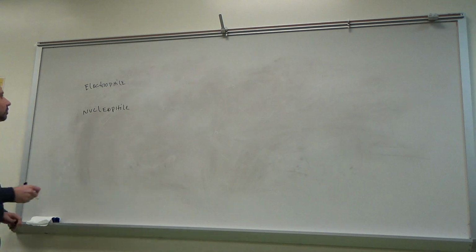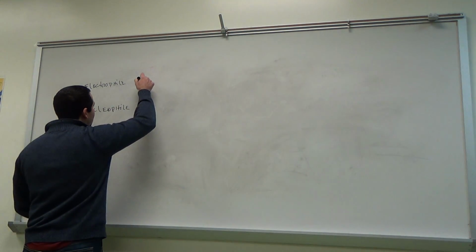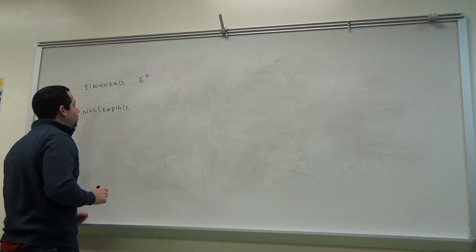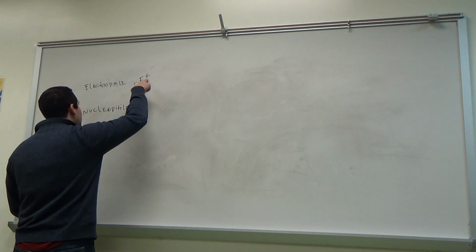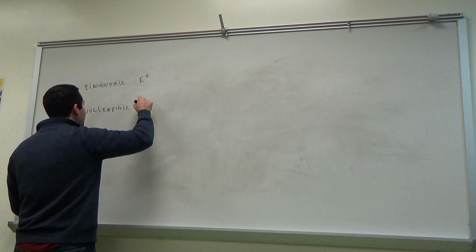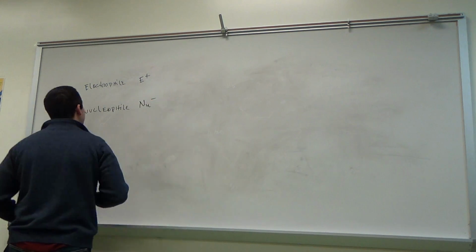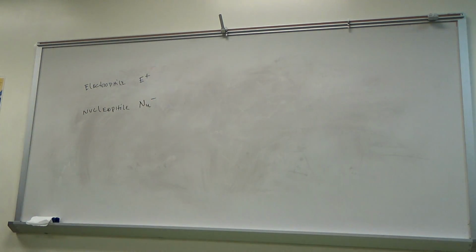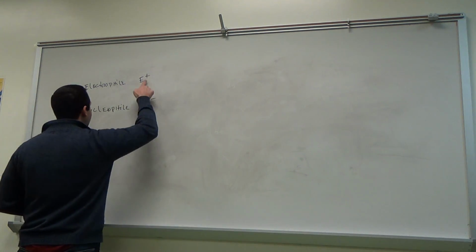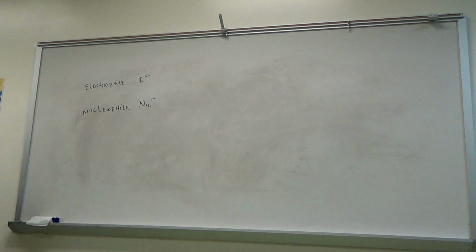So, most of the time, this is what you should remember. Electrophiles are positively charged, while nucleophiles are negatively charged. Nucleophiles are the ones that attack electrophiles. This is a boy, and that's a girl. Okay?